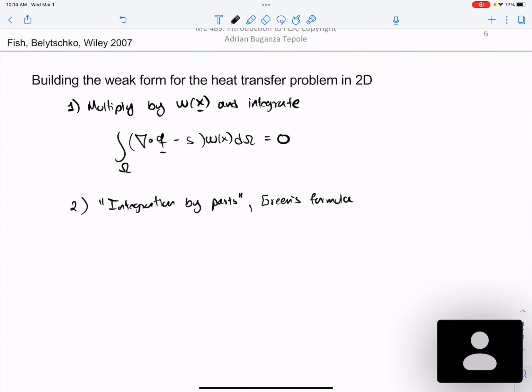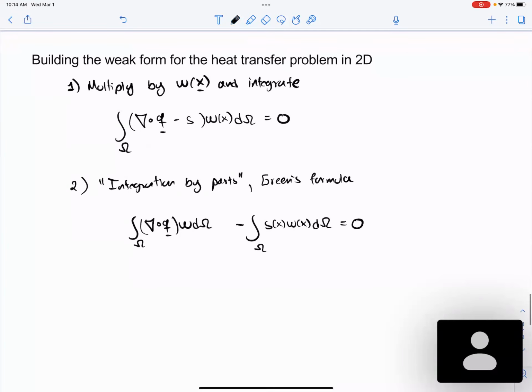So if you go back to the previous slide, I'm gonna rearrange this a little bit so that it looks like the formula that I have above. This S can be a function, so I'm just gonna put it as a function. The integration by parts, we only need to do it for the term with the second derivative.